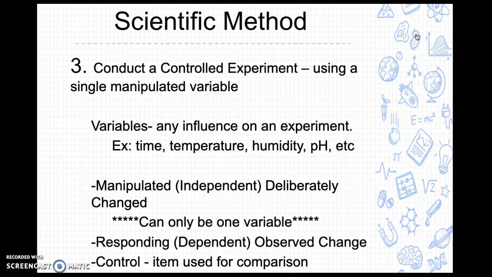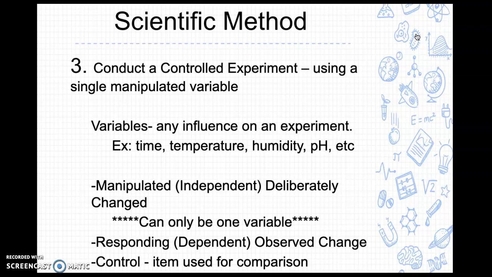When you conduct a controlled experiment, you have manipulated variables and responding or dependent variables. You only conduct an experiment with one variable in mind that you are changing. Everything else must be the same: the same time, the same temperature, humidity, pH.